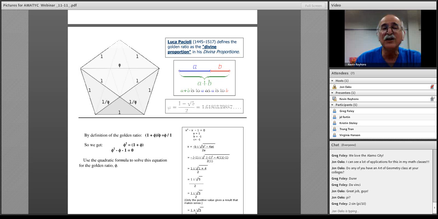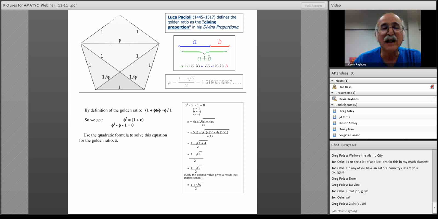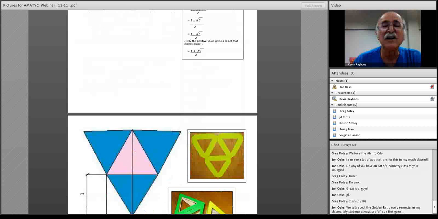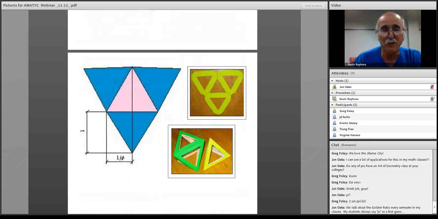But if you get two diagonals to cross each other, that diagonal is divided into golden ratio numbers. So one of them is 1 over phi. If you play with that equation and you use the quadratic formula on it, you'll see I've done that there on the side, you'll find out that the number we want is 1 plus the square root of 5 over 2, which turns out to be that 1.6.